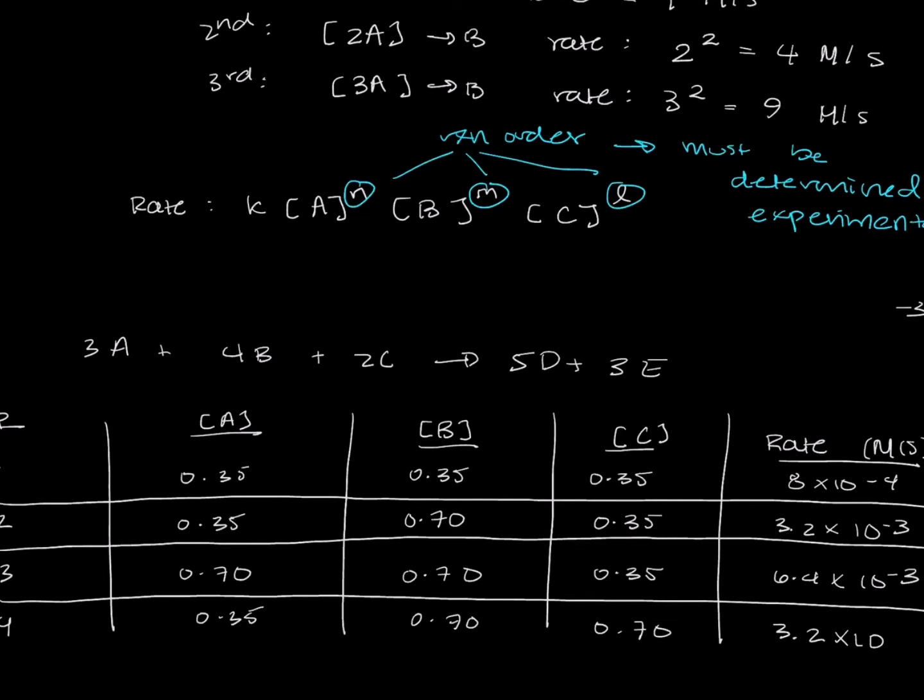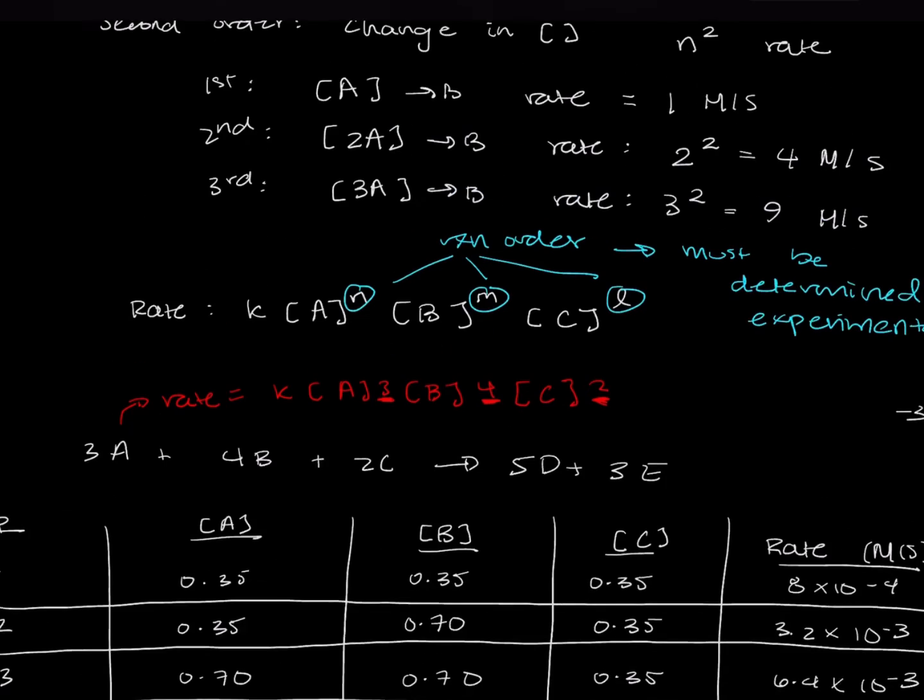So, looking at this question here, it might be easy to say, oh, I think that the rate is just going to be K times A cubed times B to the 4th times C squared. But this wouldn't make any sense, right? That would be saying that this is a third order reaction, this is a fourth order reaction, and this is a second order reaction. And I mean, we talked about second order, that's definitely possible.